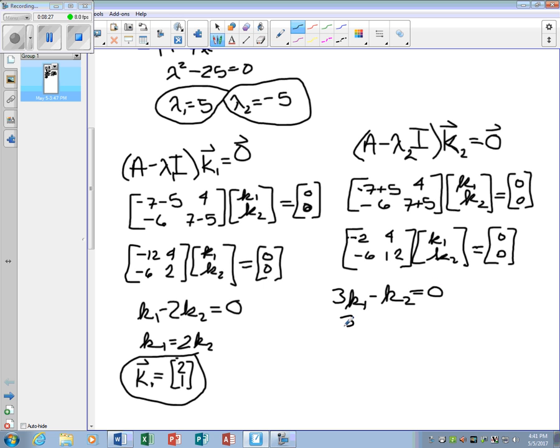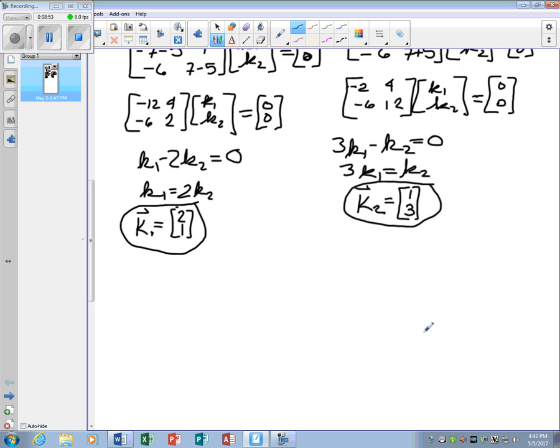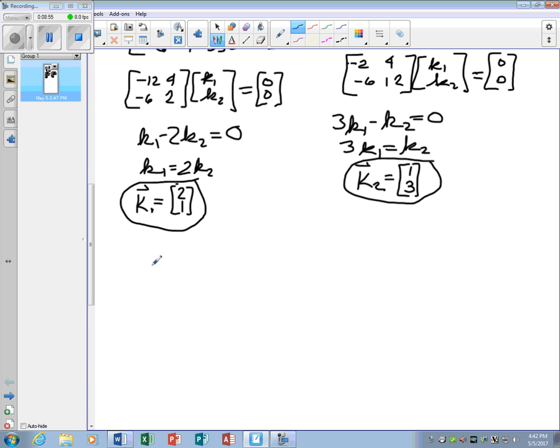So 3 K1 equals K2, big K2 vector equals the matrix. So if this is 1, K2 is 3.